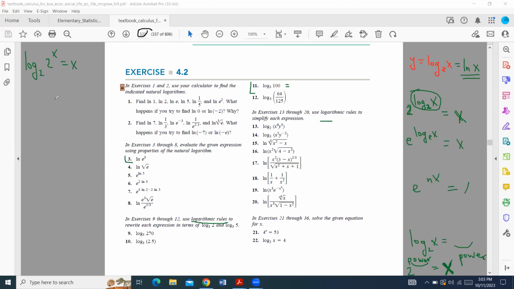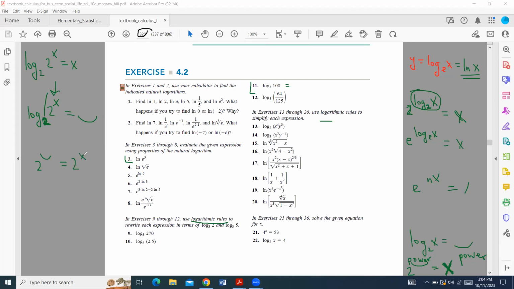Well, because what you can do is rewrite this once again, losing the logarithm sign. Remember, the logarithm is a power. So this whole thing is a power. What power? Well, I have to take base 2, the one on the bottom, raised to such a power to produce the number that sits here, this whole thing. And this whole thing is 2 to the x.